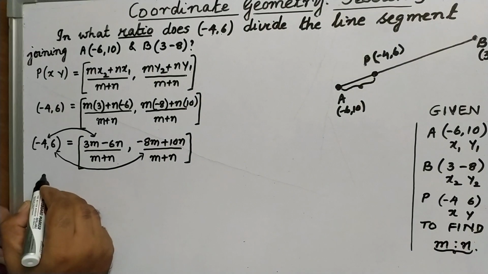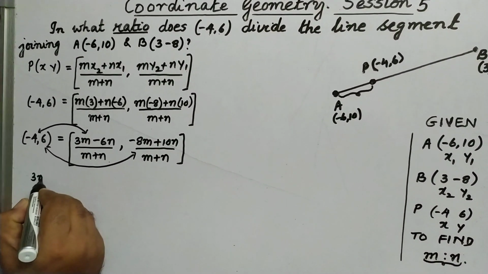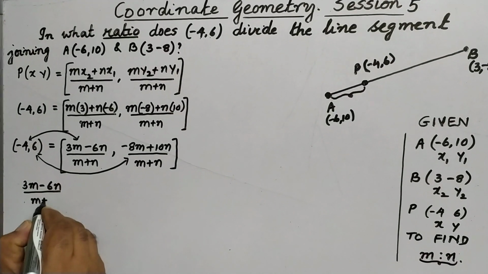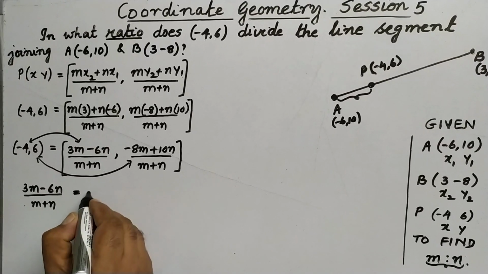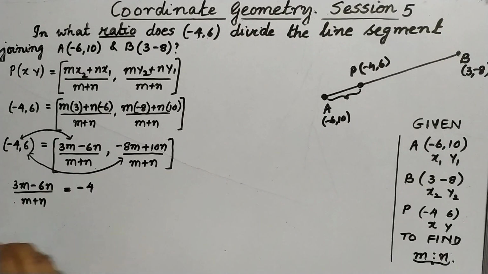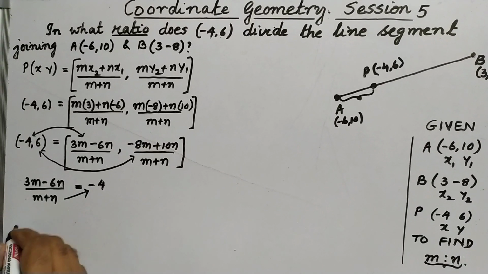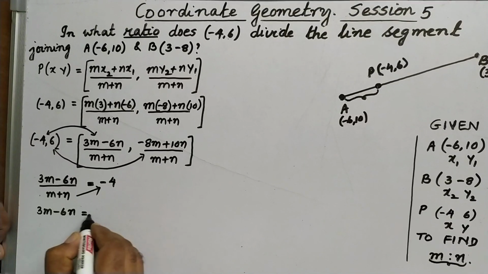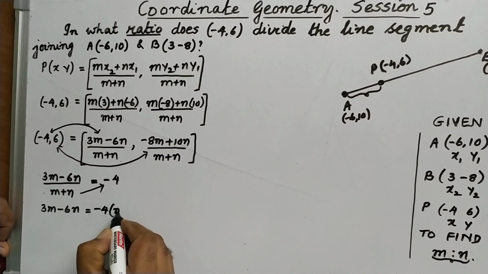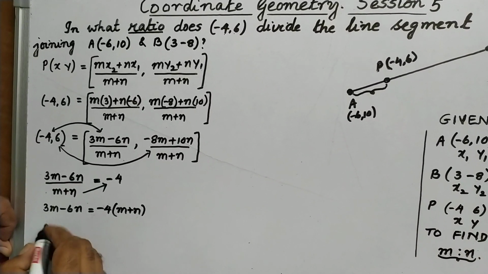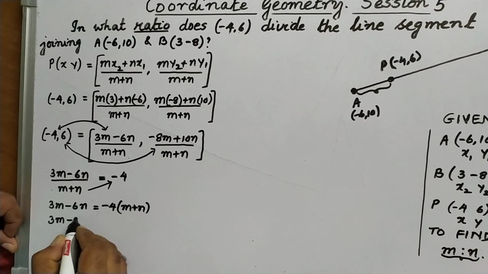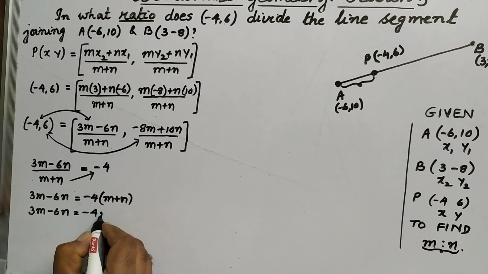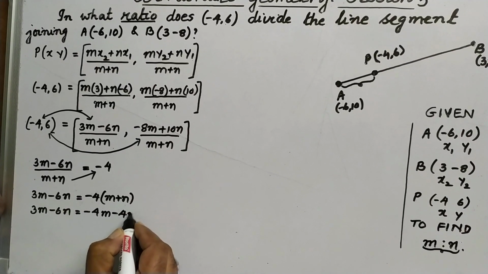So if I equate the first components, (3m minus 6n) divided by (m plus n) is equal to minus 4. Transfer the denominator m plus n to the other side: 3m minus 6n is equal to minus 4 into (m plus n). Open the brackets: 3m minus 6n is equal to minus 4m minus 4n.